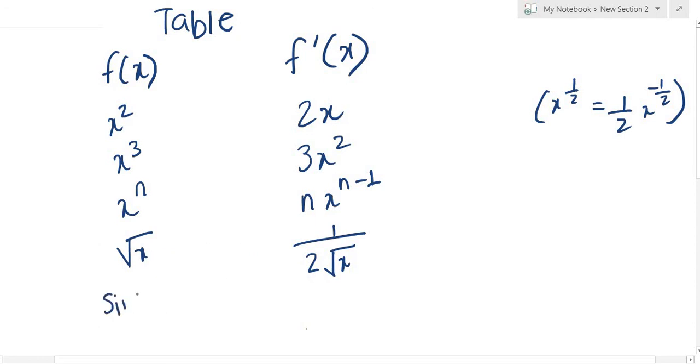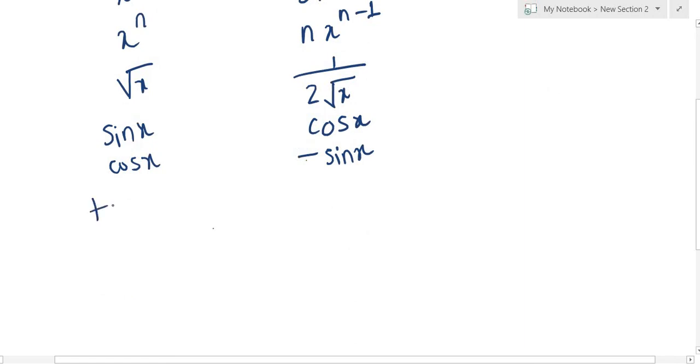And then you have these trigonometric functions. The derivative of sine of x is cosine of x, and the derivative of cosine of x, it's a silly thing, but it's minus sine of x. Then if you have the tangent of x, and we just proved it, it's the secant squared of x.